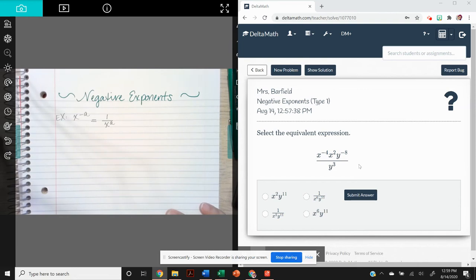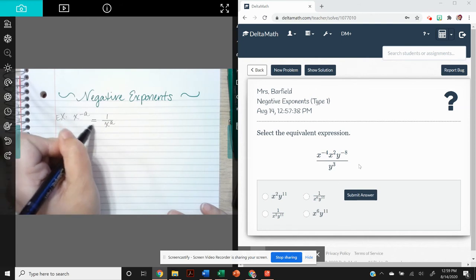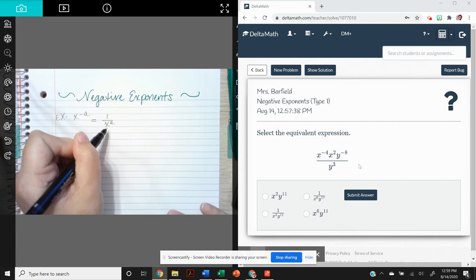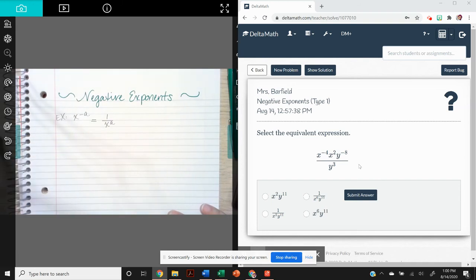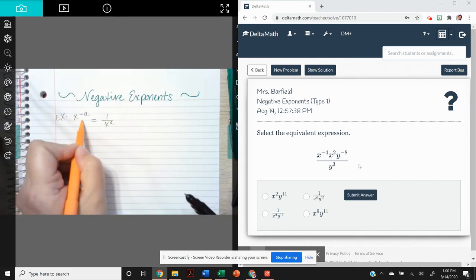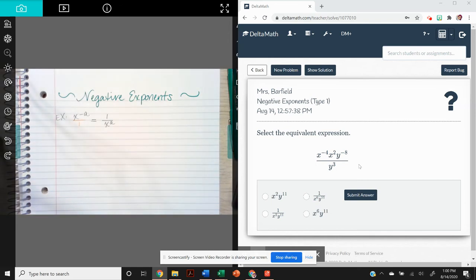So what happened was I created a fraction, and I moved this statement here to the denominator and I made it a positive exponent. Some of you might be looking at it and thinking to yourself, well, she flipped it over. Yeah, if I make this a fraction, I did flip it over, but something happened when I flipped. I changed my negative exponent to a positive exponent.